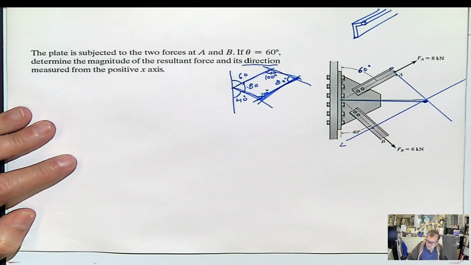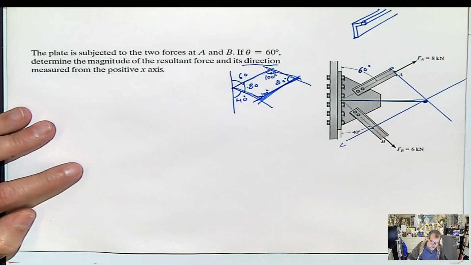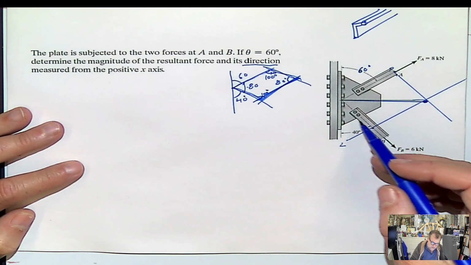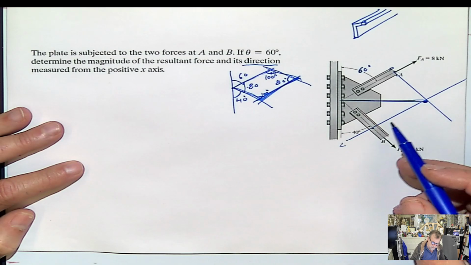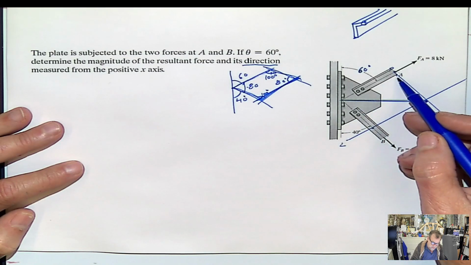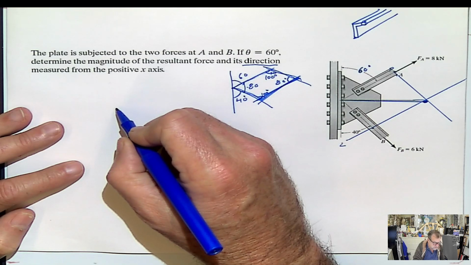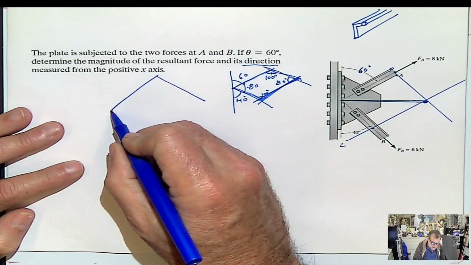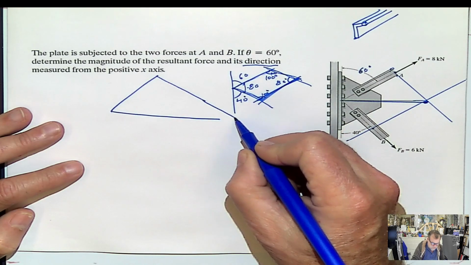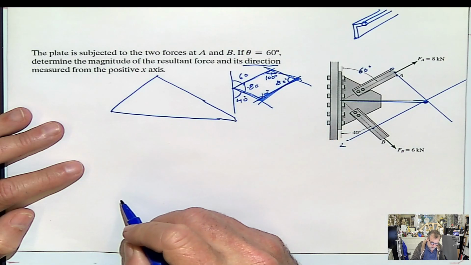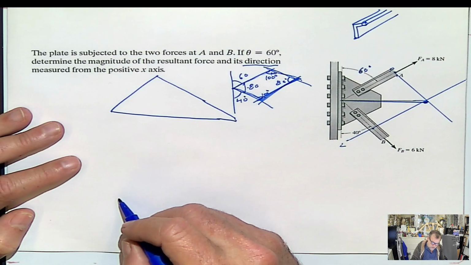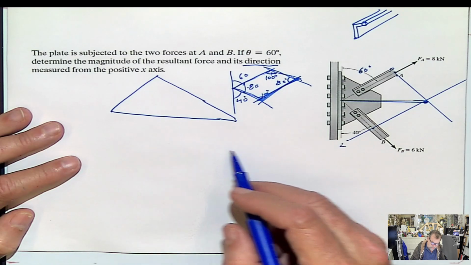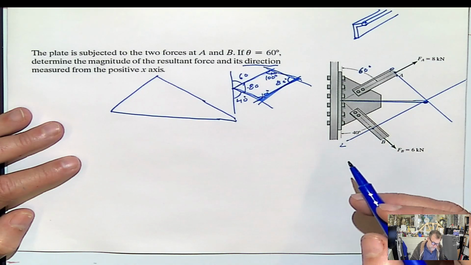What do we have here to solve the problem? Okay, I know this angle, so let's draw that triangle. This, this, and this, kind of. There goes my scale, but it doesn't matter.